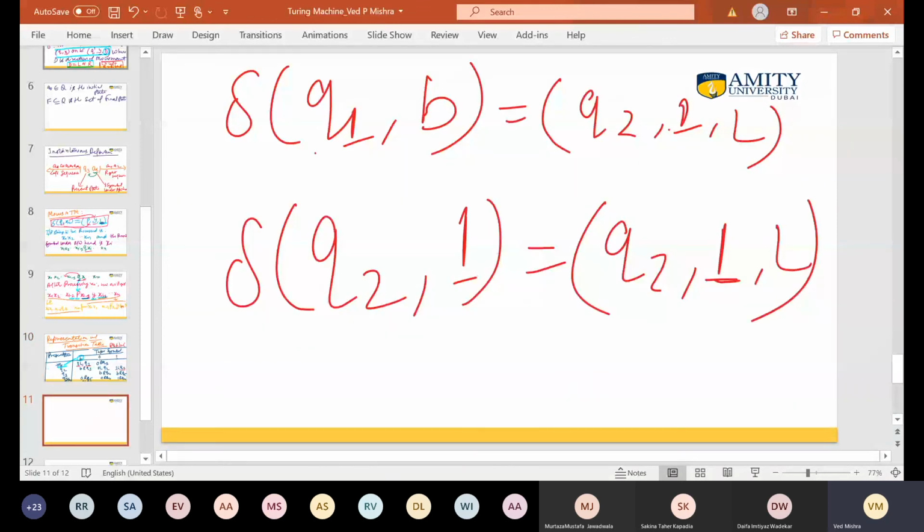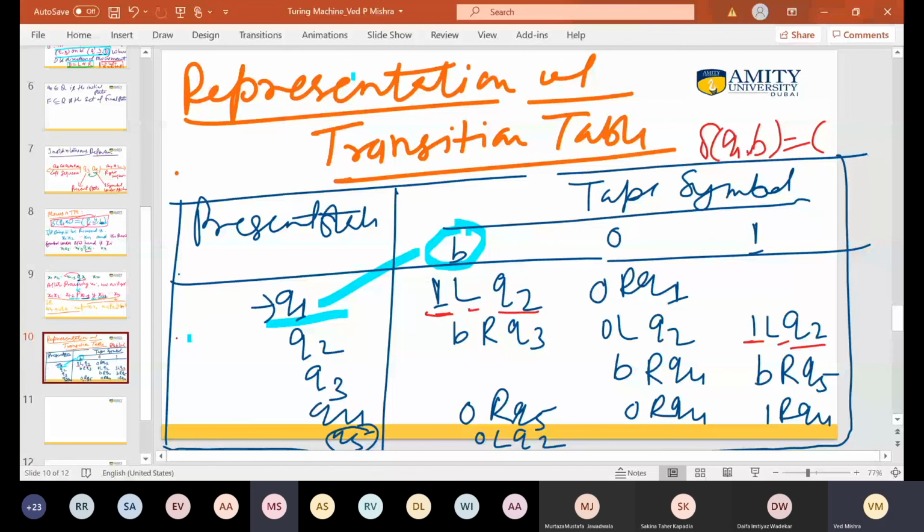So you understood how we write in the delta form and how we write it in the transition table. This is the representation of the transition table.